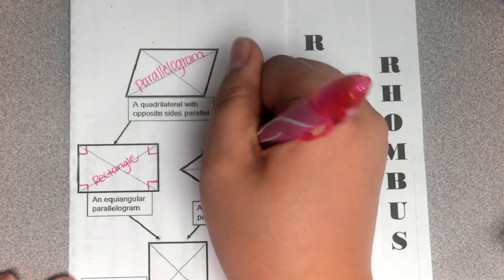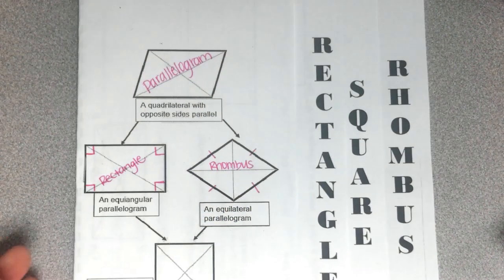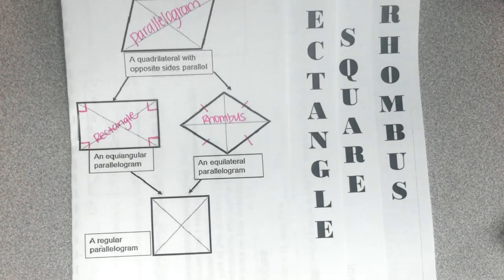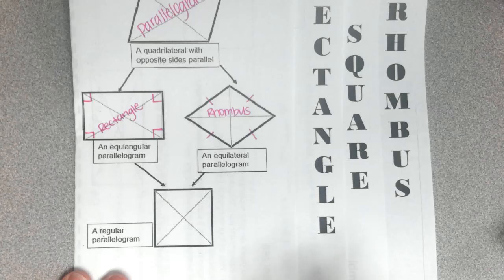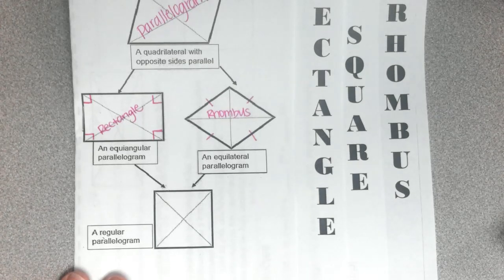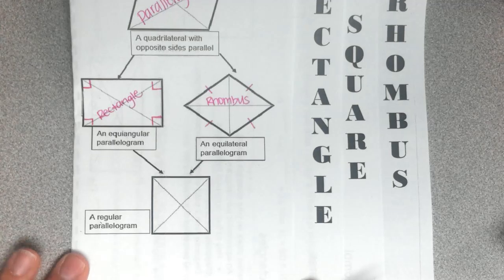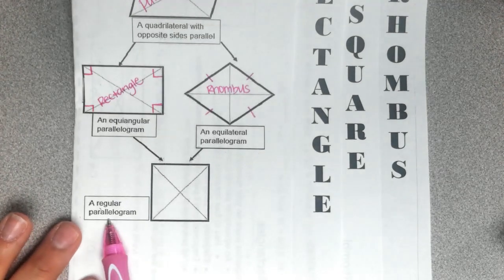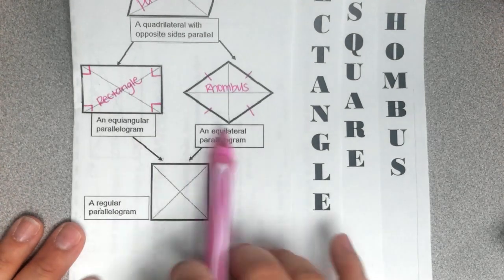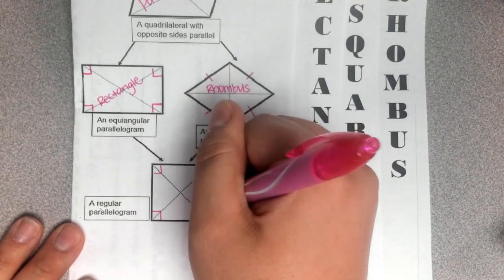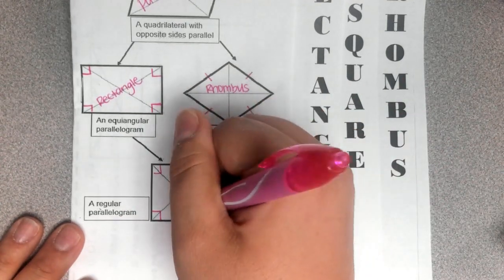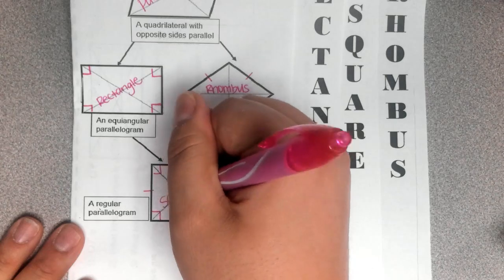Rhombus. Do y'all know how to say more than one rhombus? It's not rhombuses. Rhombi. Last but not least, a regular parallelogram, meaning it's both equal angular and equilateral. That is a square.